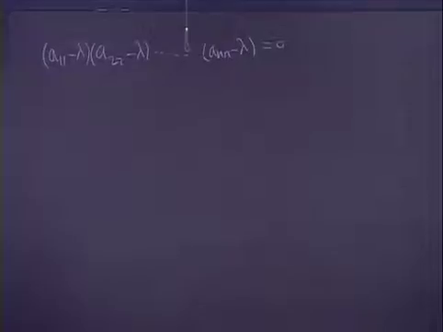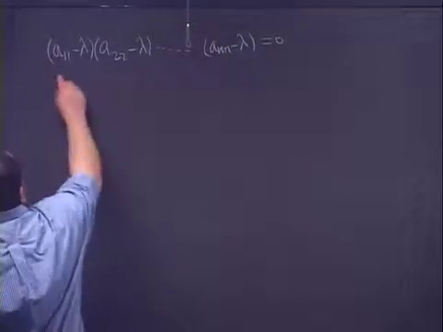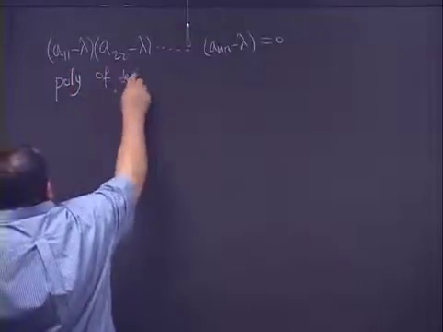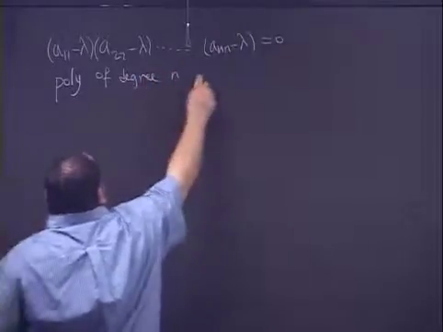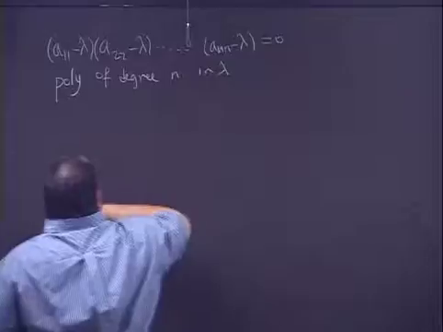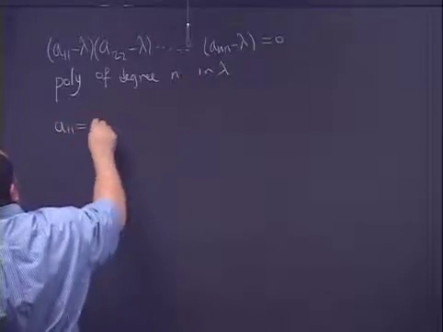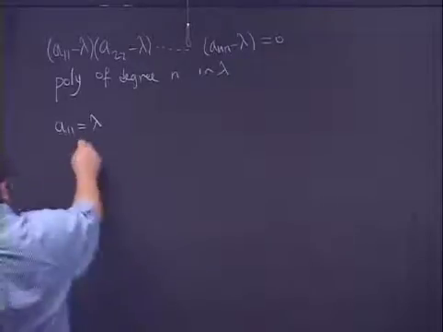So what do you think this is? A polynomial, yes? In lambda of what degree? Degree n. So it's a polynomial of degree n in lambda. So lambda 1 will be equal to what?